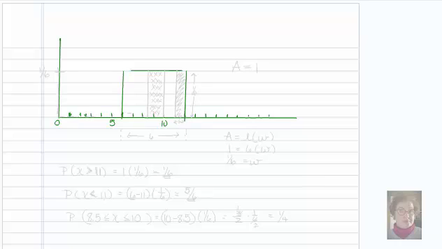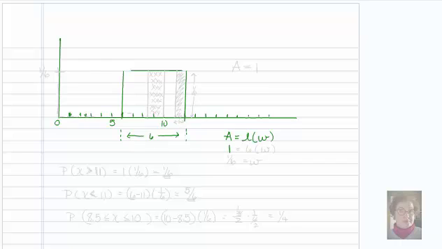Now we need to figure out how high our distribution is. Well, because the length of our distribution is 6 pounds, and we know the area is 1, and the area equals length times width, and the area has to be 1.